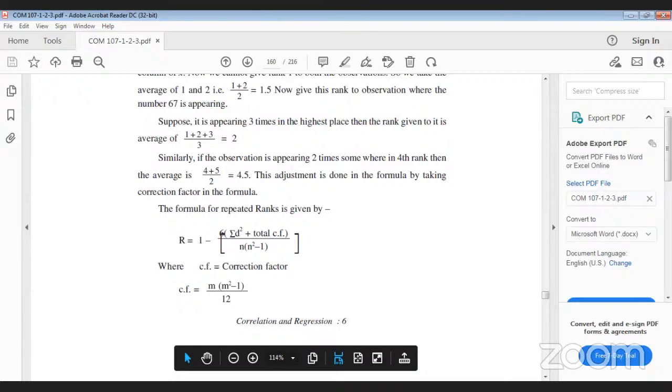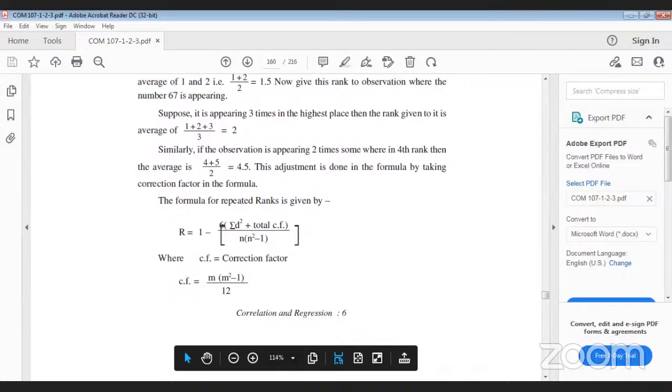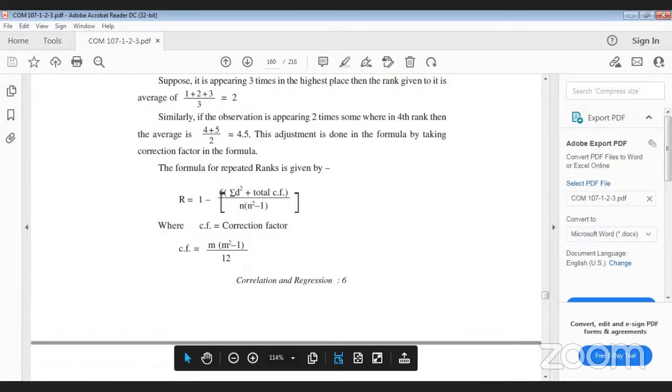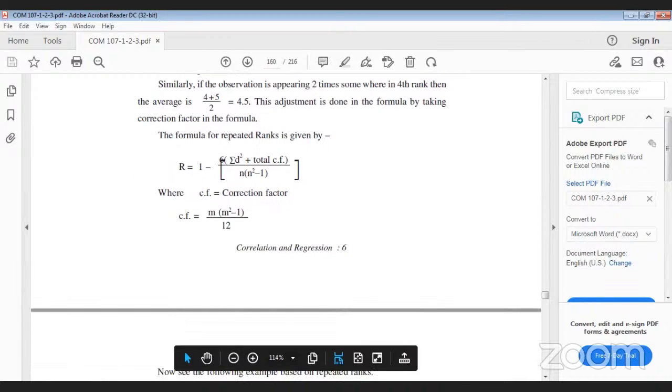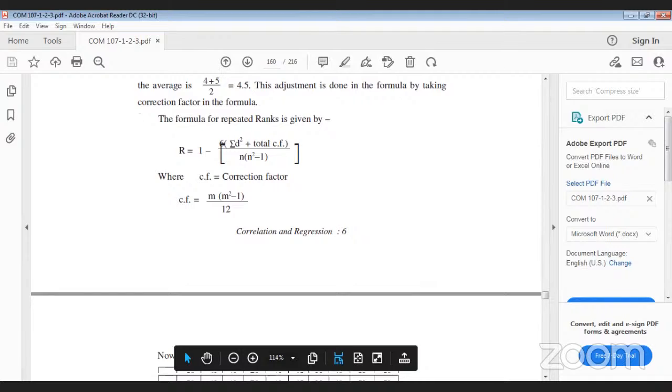Here CF is the correction factor. CF is also calculated by the m formula. So you must remember it, because without the formula you can't solve the problems.